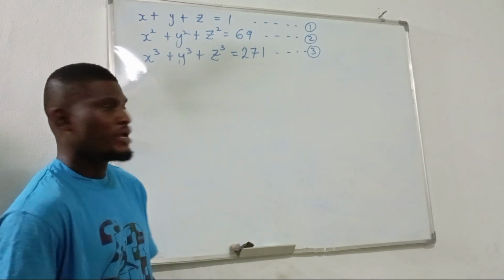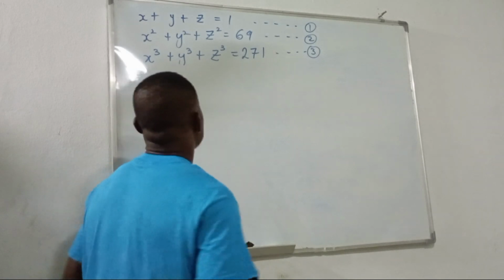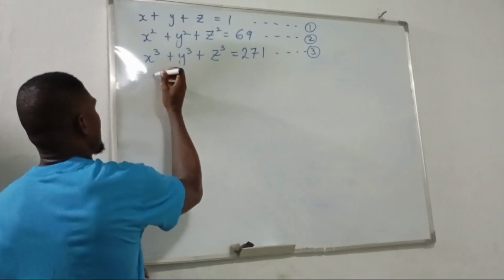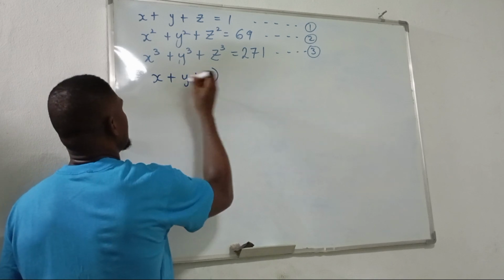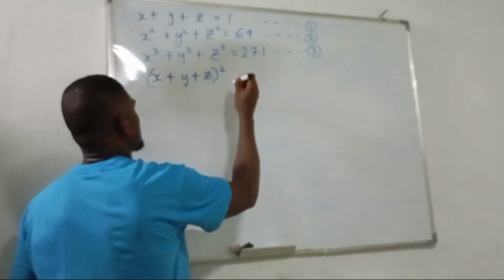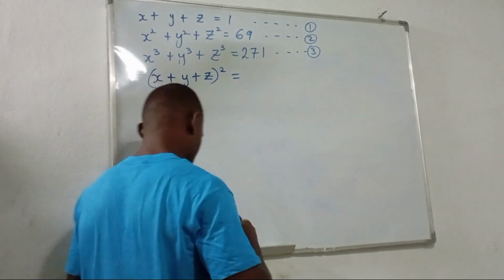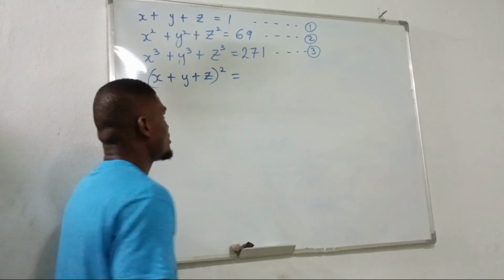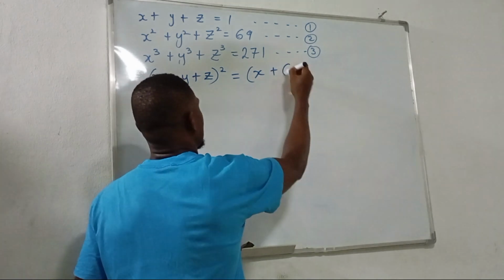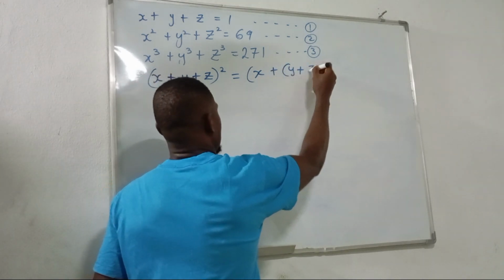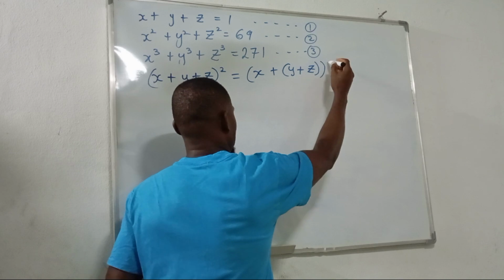All right, so now to approach this question, we'll start by expanding x plus y plus z to the power of 2. An easy way to do this is to take x as one entity, and then we're going to group y and z as one entity.